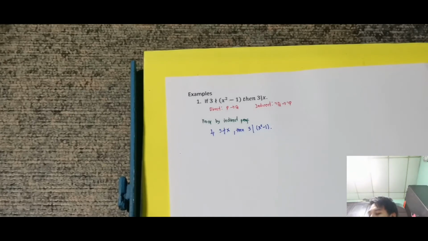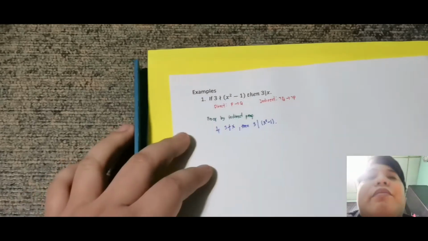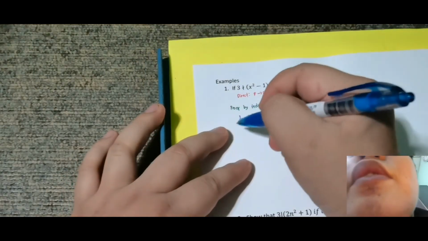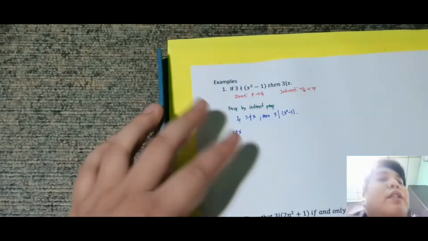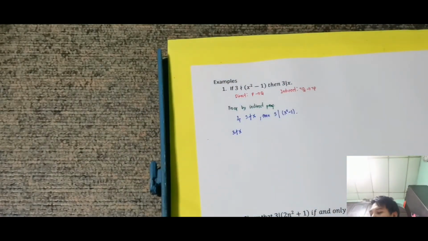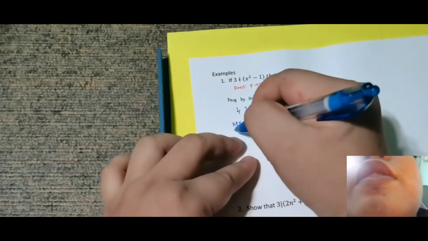Okay, so punta tayo diyan. Suppose natin yung contrary na yan. Ito na mangyayari: 3 does not divide x. So may dalawang bagay na mangyayari diyan. If 3 does not divide x, may two things.